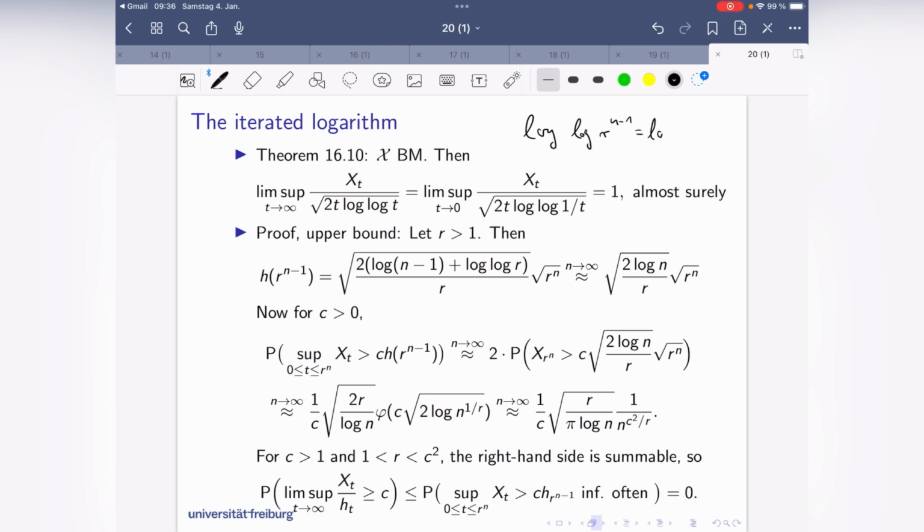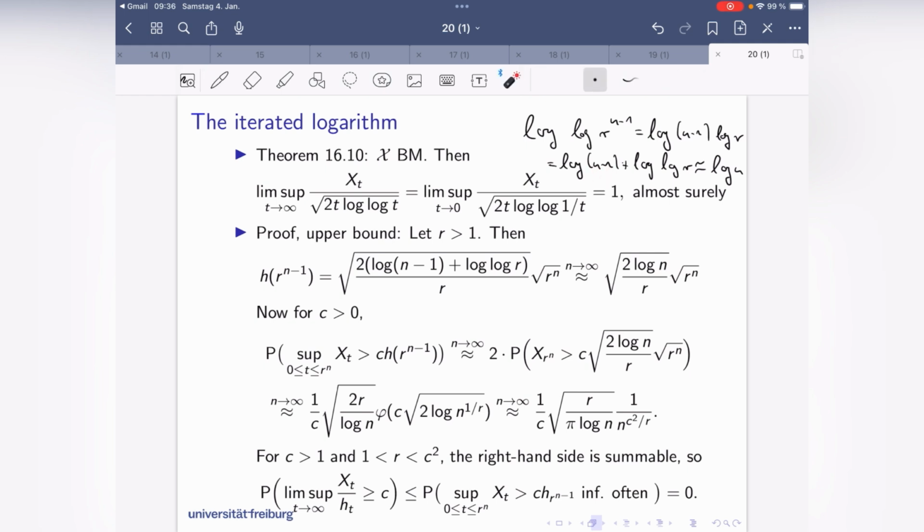well, that's of course log of n minus 1 times log r, which is log of n minus 1 plus log r. But log r is much smaller than log n, in the sense that this here is about log n.